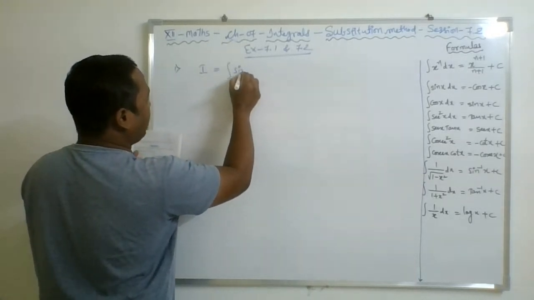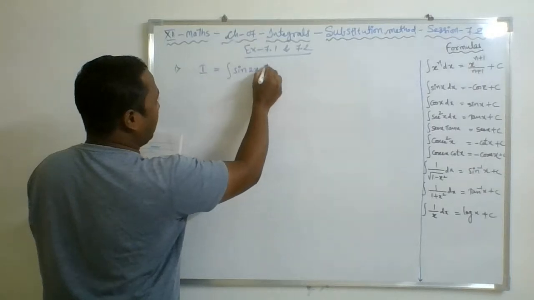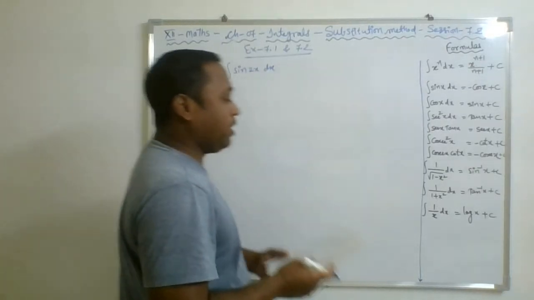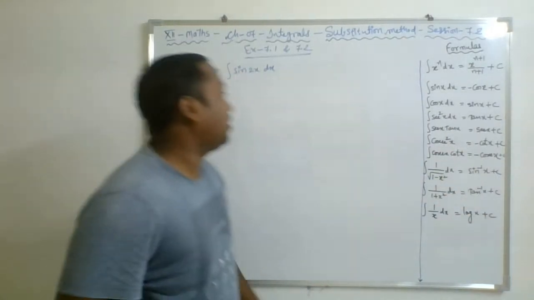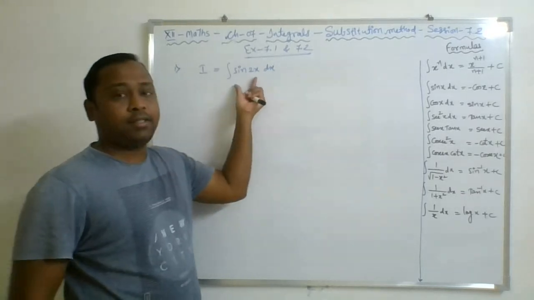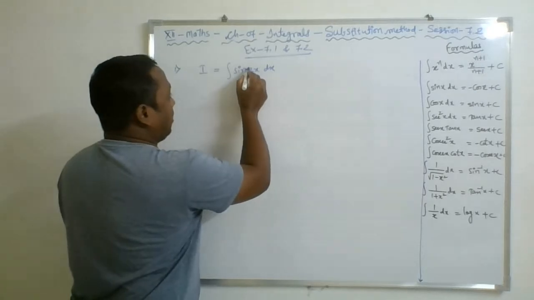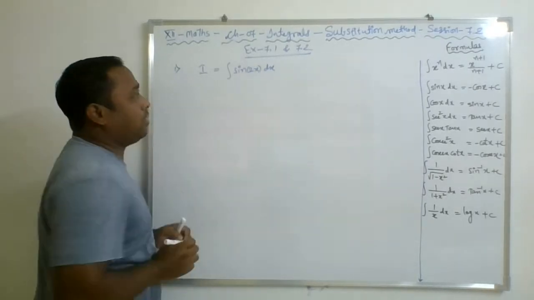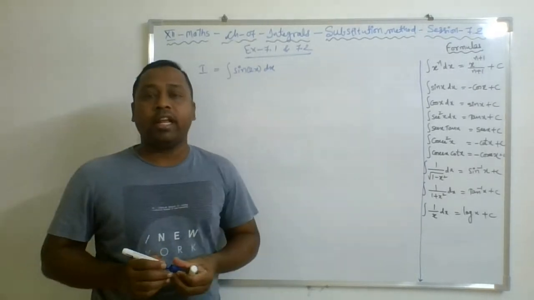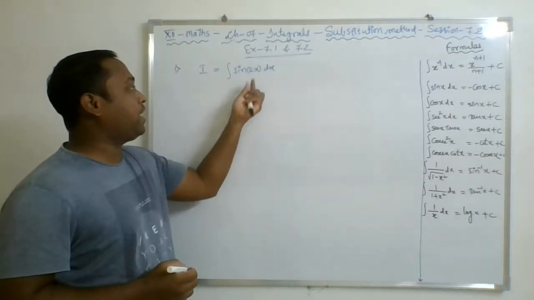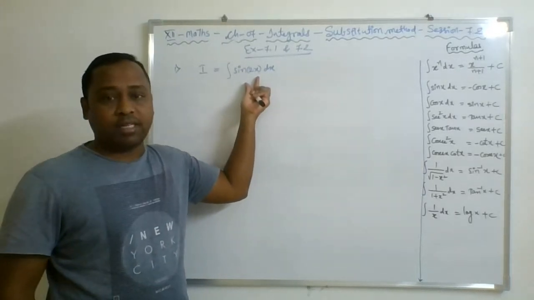The question is the integral of sine of 2x dx. You can see here the given function f of x is basically a composite function. Here 2x is a polynomial function, or linear function, in place of theta; the algebra is coming.